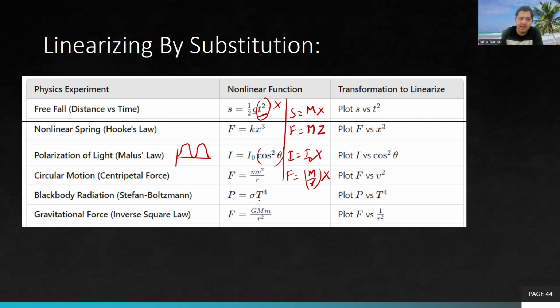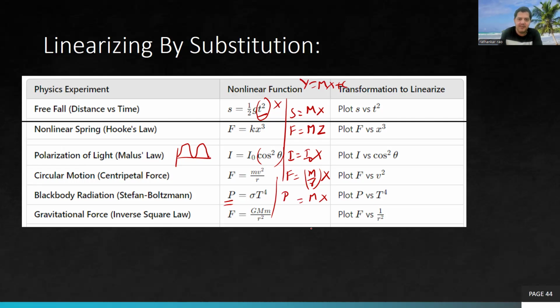And P equal to sigma T power 4, which is the Stefan-Boltzmann law. So here you see, you plot a graph of P, which is nothing but your y, and sigma T power 4, if I take it as x, I'll once again get P is equal to m x, right? So the interest here is, as much as possible, try to plot the graph in the form of y is equal to m x plus c. This is what we need to do. Okay.